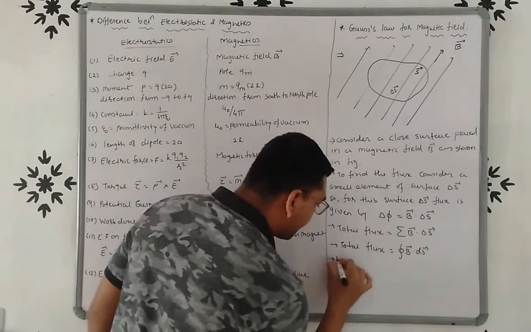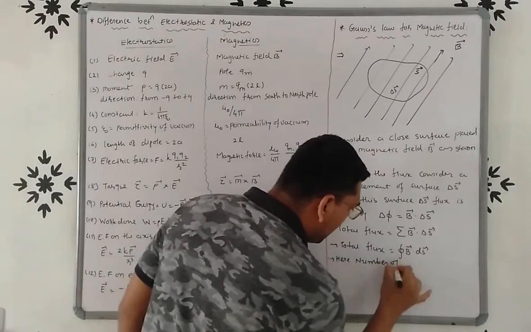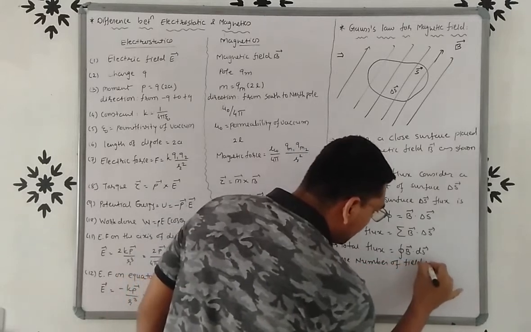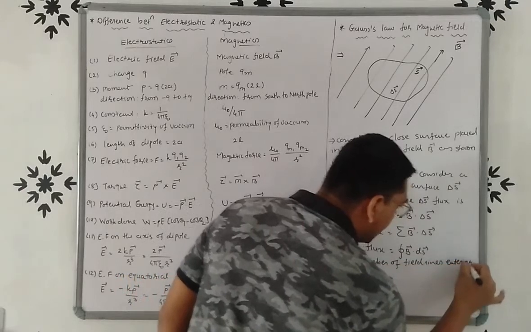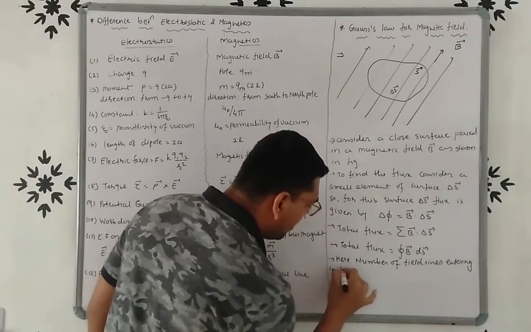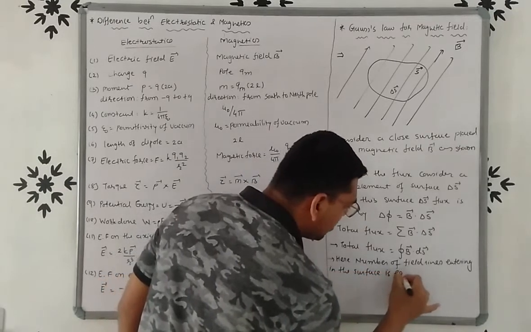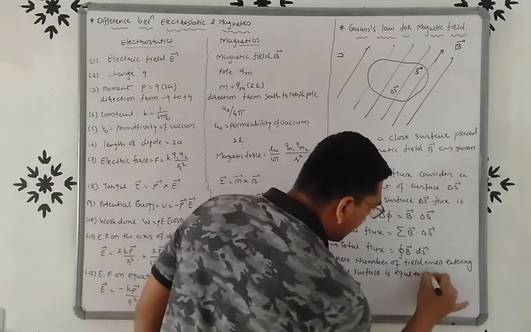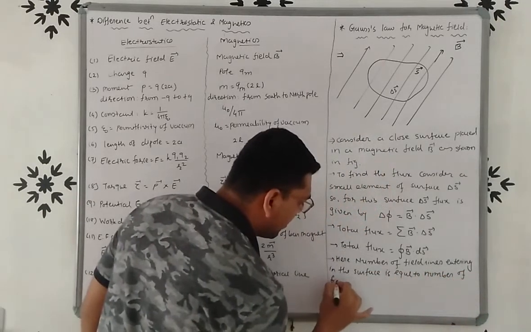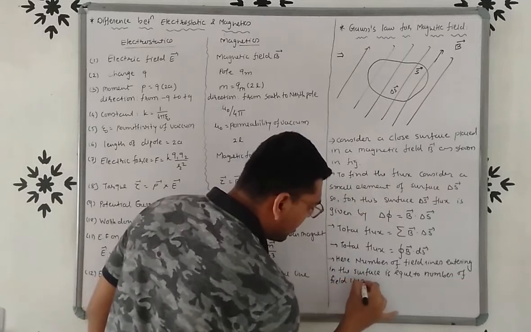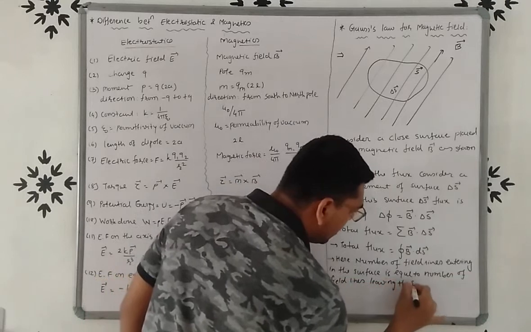So here the number of field lines entering into the surface is equals to the number of field lines leaving the surface.